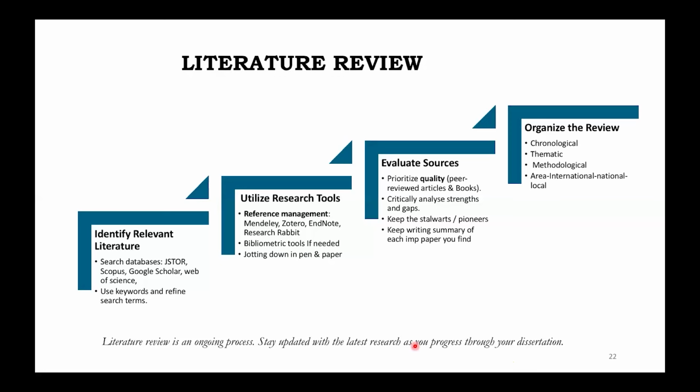And make sure that you read the stalwarts and the pioneers of your theme or literature. Keep citing them, keep reading them, and see who else has cited this stalwart or pioneer. It helps you get more access to better papers similar to your research interest. I tried starting with writing a little summary, an annotated bibliography, as you say, a little summary of each paper.